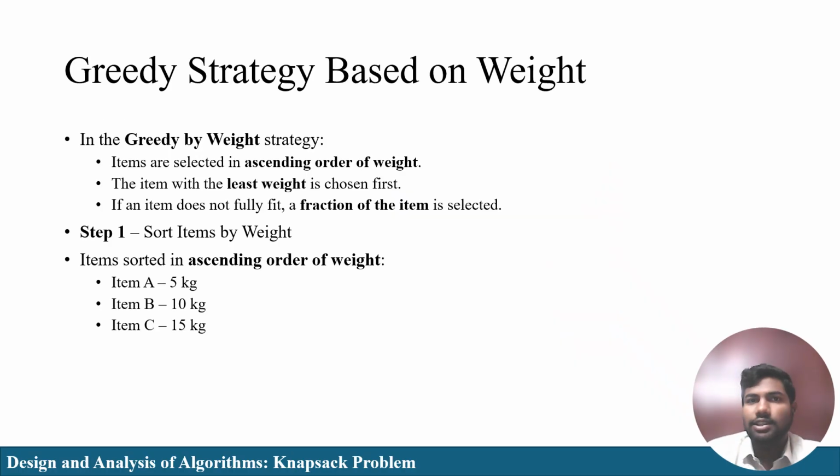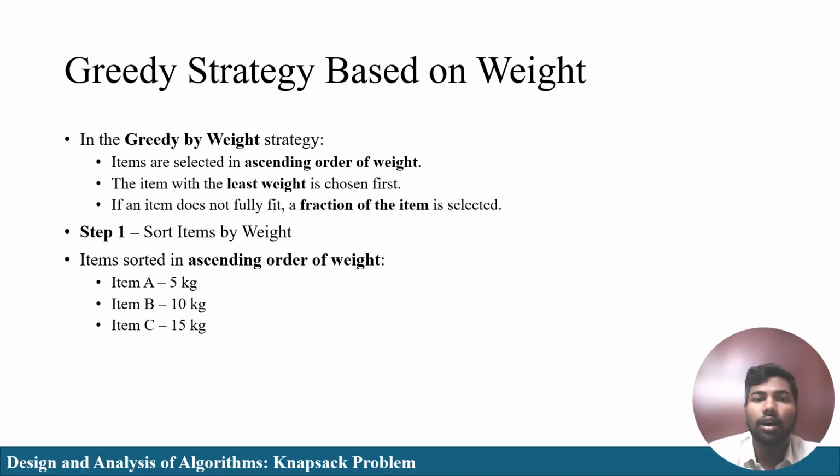The second strategy is greedy on weight. In greedy on weight, the items are selected in ascending order of the weights. The item with the least weight is chosen first. If the item does not fit fully, a fractional amount of the item can be fit.